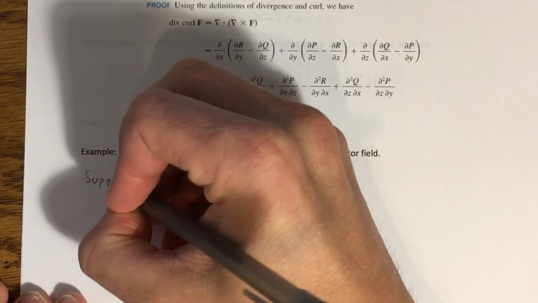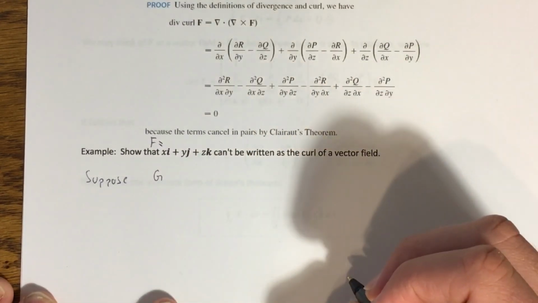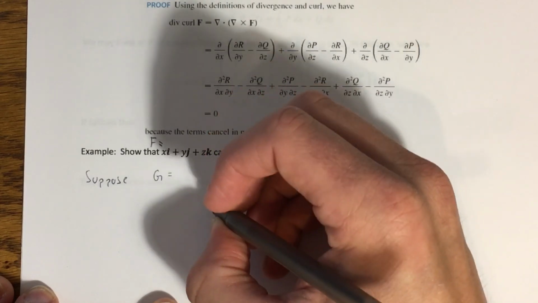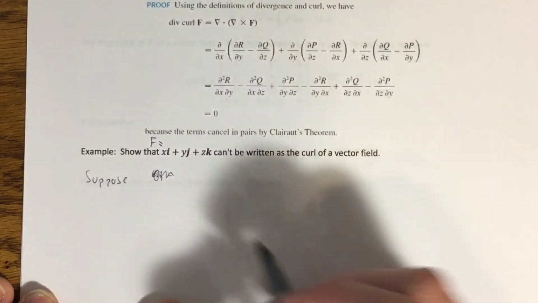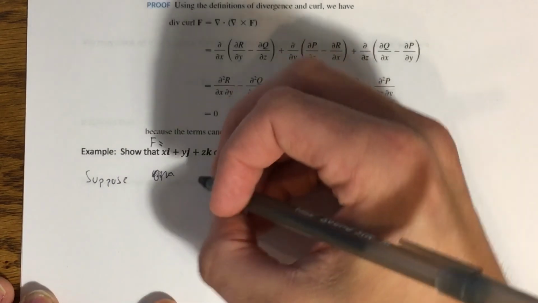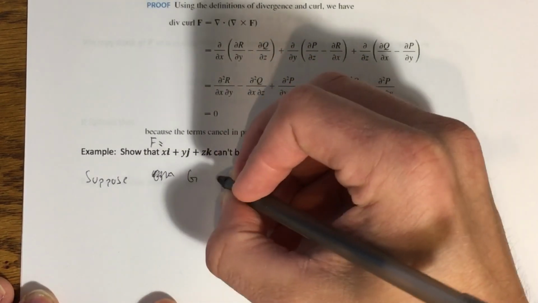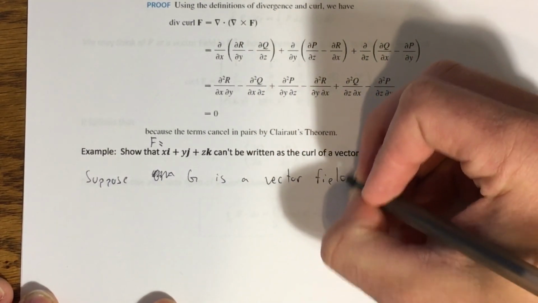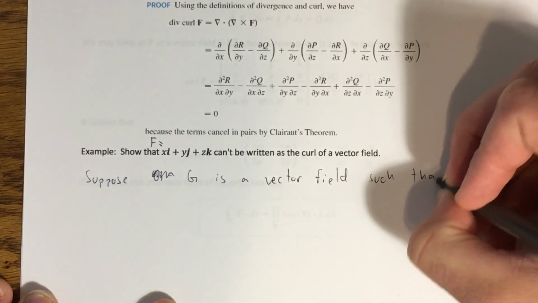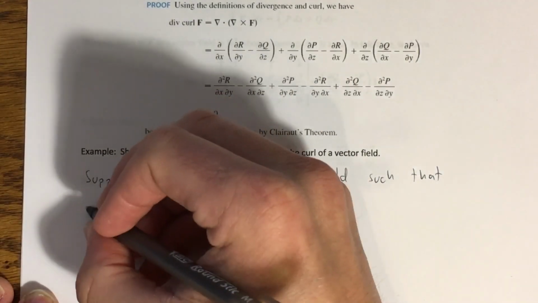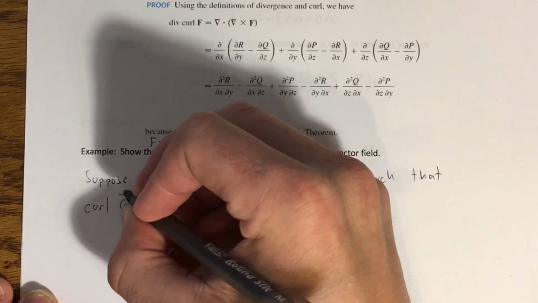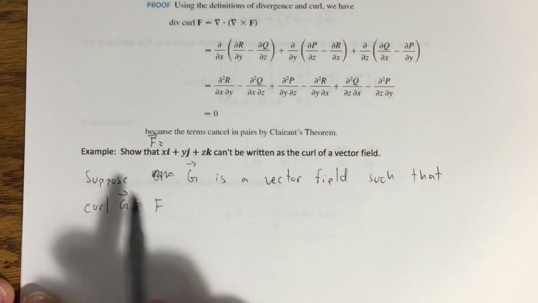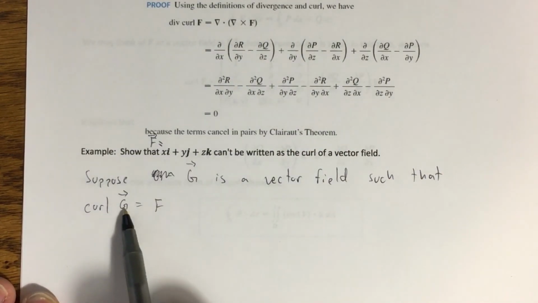Suppose G is a vector field such that the curl of G is equal to F. So what we want to show is that this is impossible.